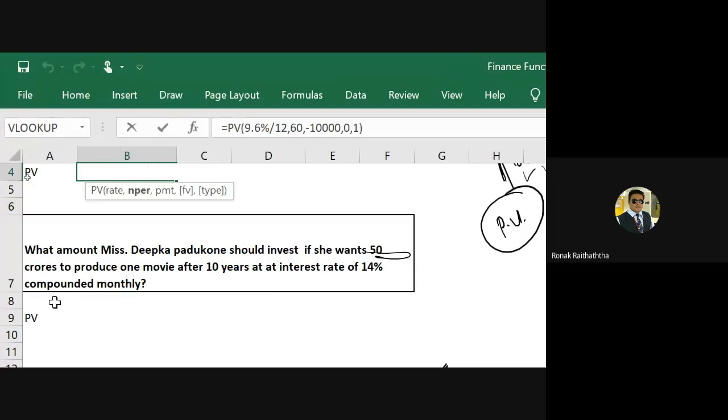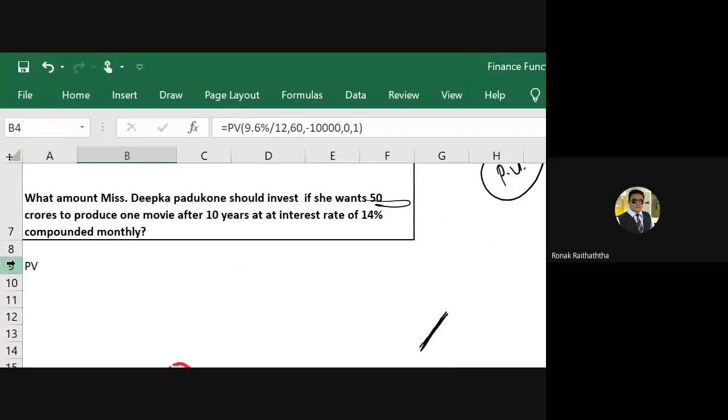Anyway, let's move on further. The second problem we have: what amount Miss Deepika Padukone should invest if she wants 50 crores to produce one movie after 10 years at an interest rate of 14% compounded monthly?